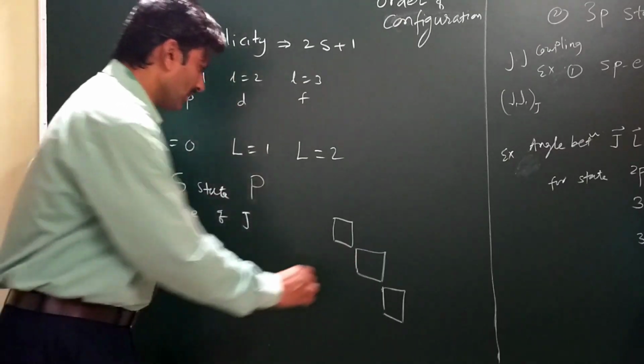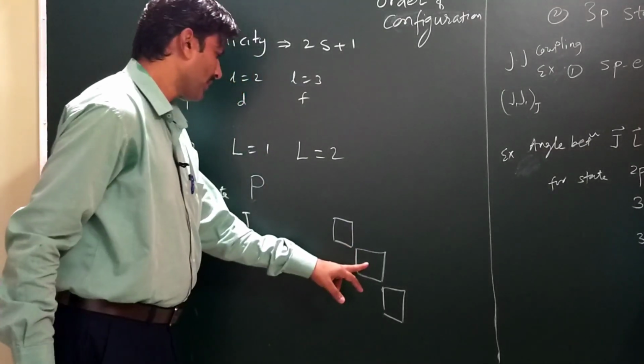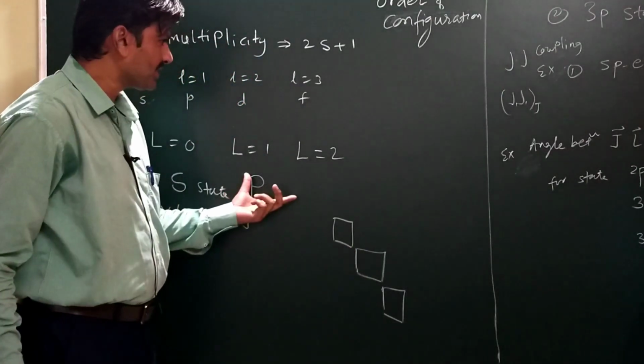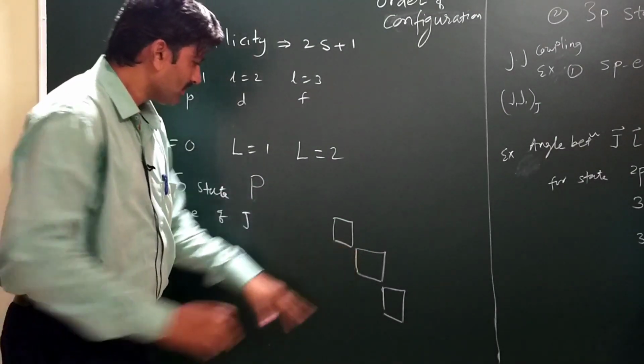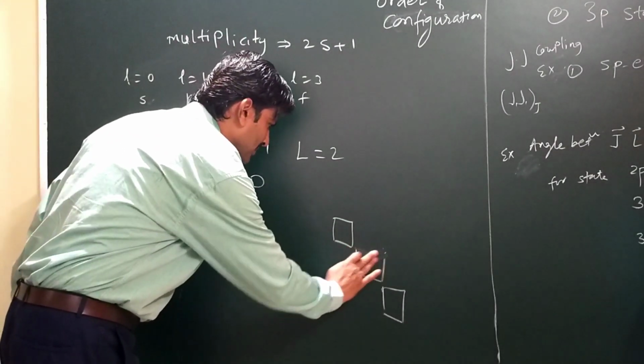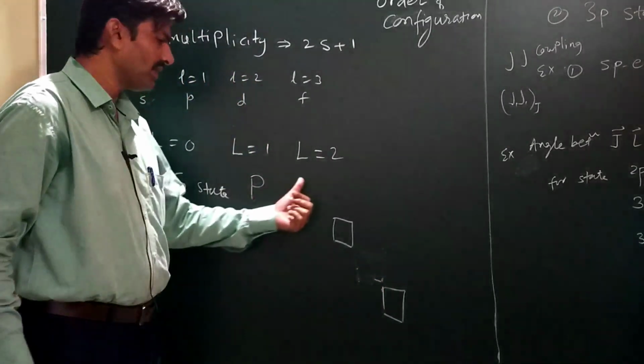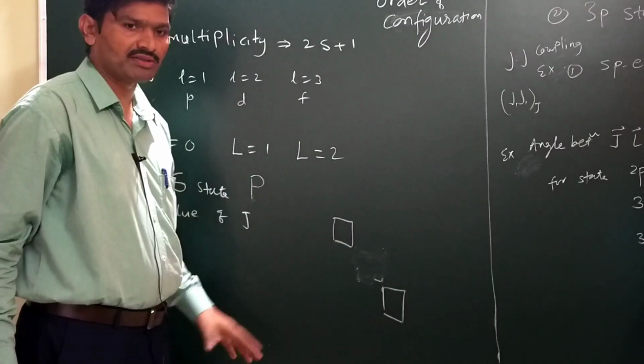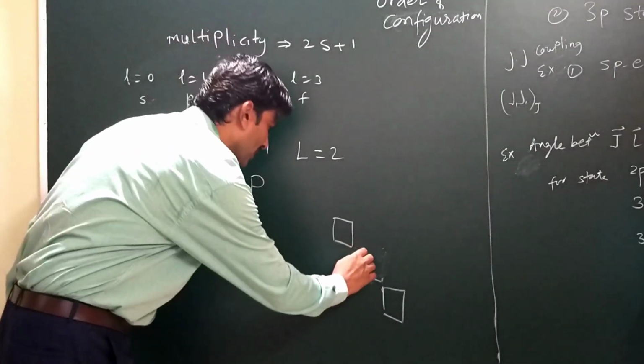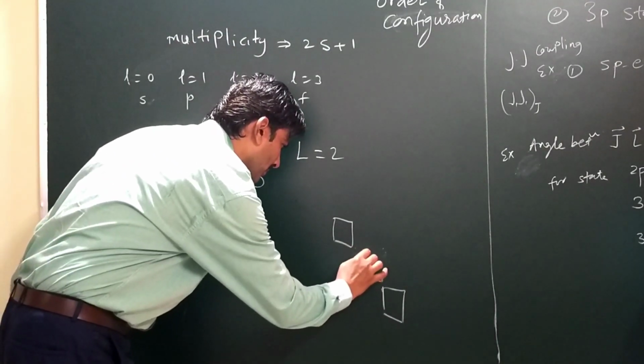For any state, the value of L is represented by a capital letter S, P, D, F, or whatever it is. This is the orbital quantum number.